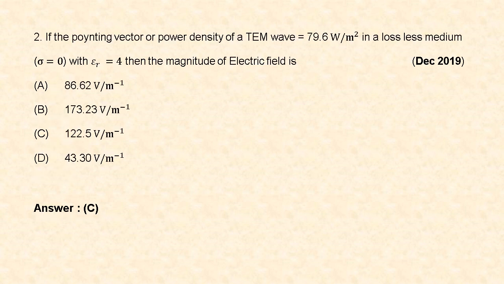Second question. This question was asked in December 2019. If the Poynting vector or power density of a transverse electromagnetic wave is equal to 79.6 watt per meter square in a lossless medium, that is sigma is equal to 0, with epsilon r is equal to 4, then the magnitude of electric field is option A 86.62 volt per meter, option B 173.23 volt per meter, option C 122.5 volt per meter, option D 43.30 volt per meter.